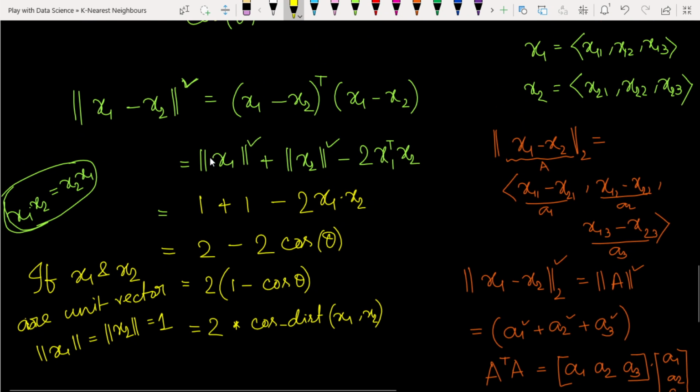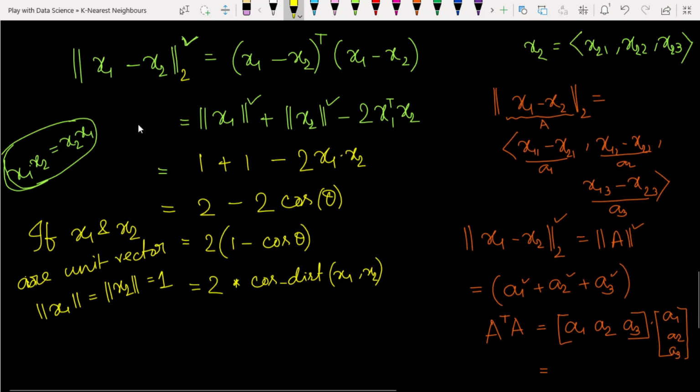If you take the norm 2, this is actually the Euclidean distance.